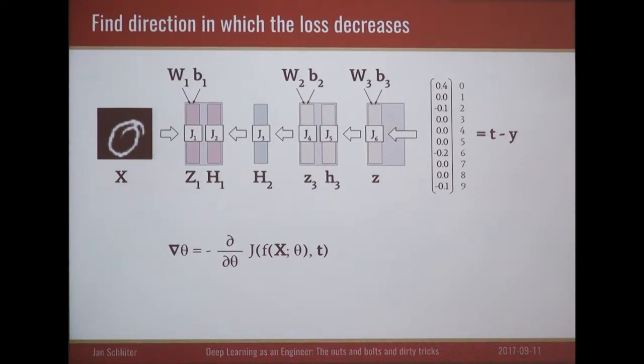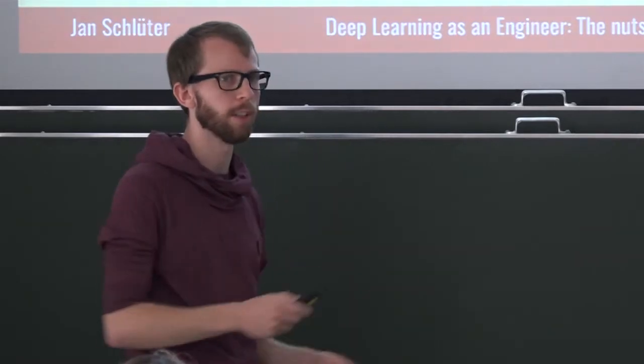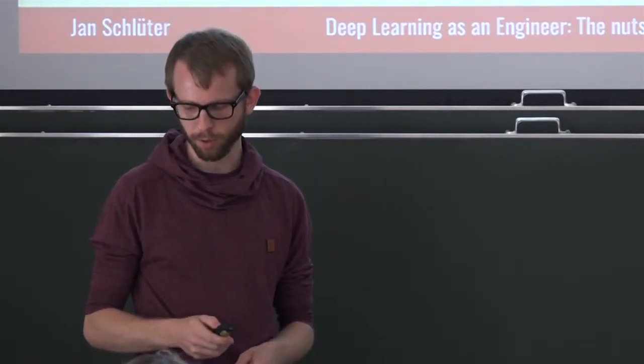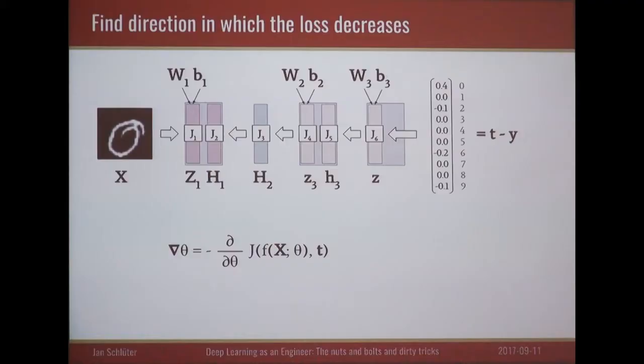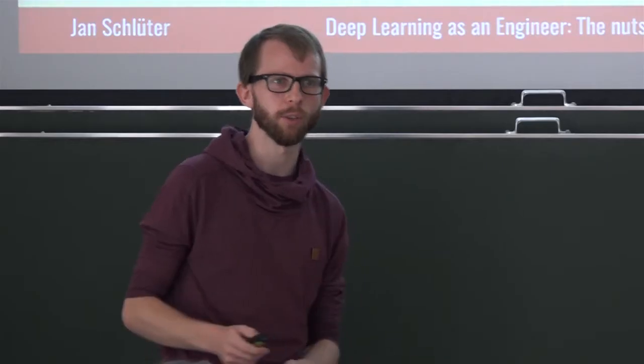Engineers have hacked this a little and still got away with it. And now note that this is only for a single example. This is just the penalty function for a single example. If we want the direction for the whole loss, we need to sum or average this over all the training examples. Then we get the direction we need to change the loss.